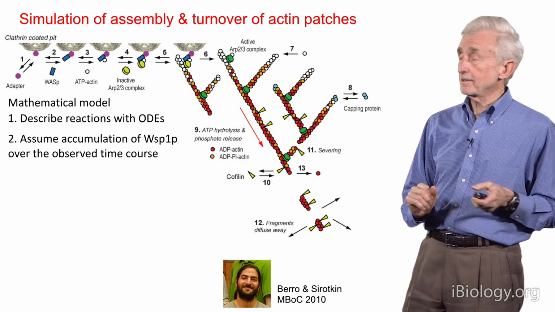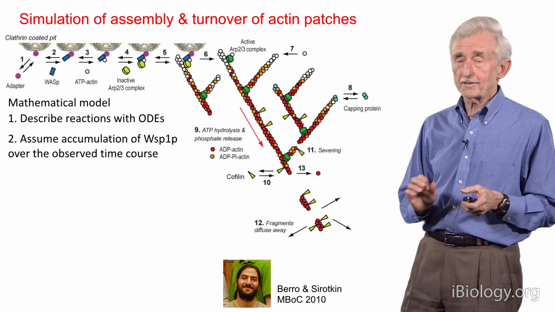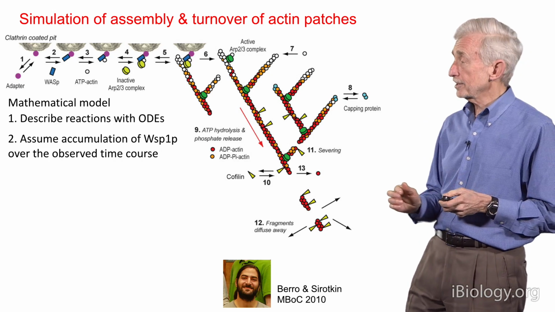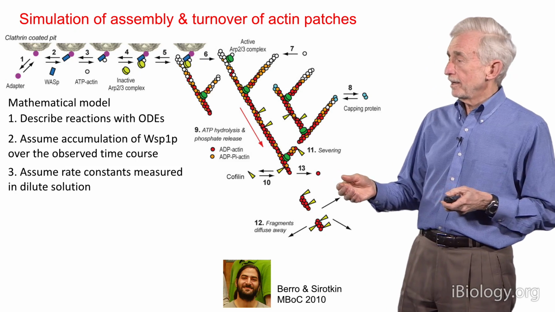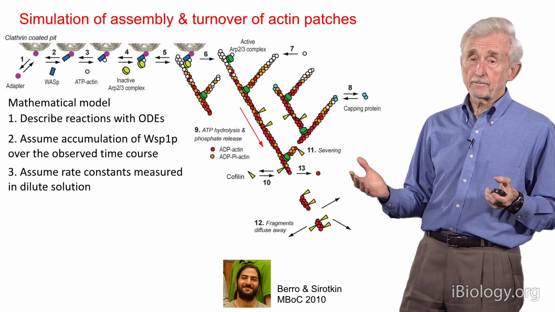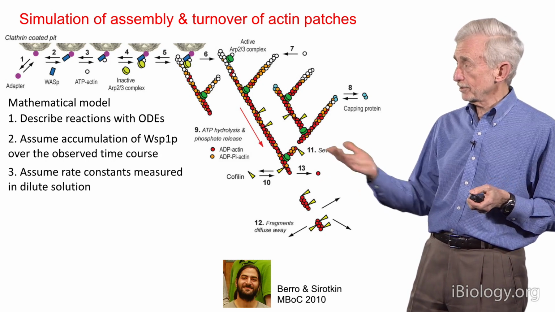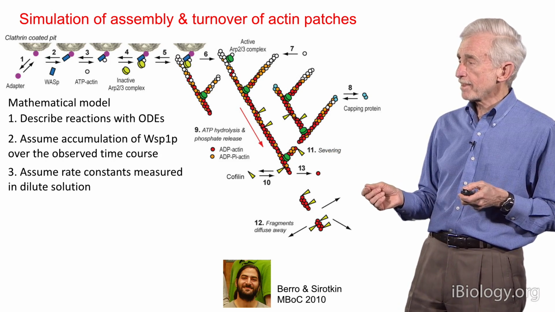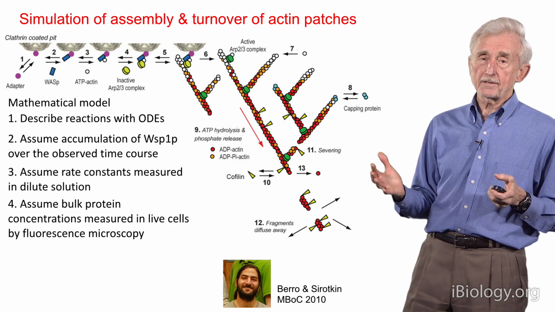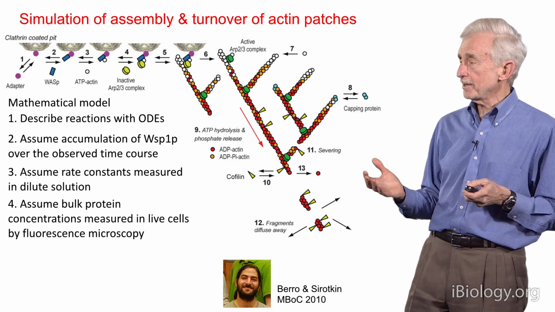Now, how WASP gets there is actually an interesting question, but not part of this model. We're just going to let the WASP accumulation drive the rest of the reactions. We assumed the rate constants we'd measured in dilute solution with purified proteins, mostly from the fission yeast. We assumed bulk protein concentrations that we can measure in the cells with the fluorescence microscopy method I just described.